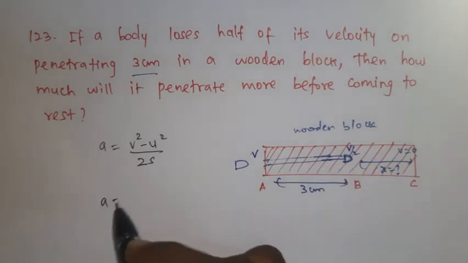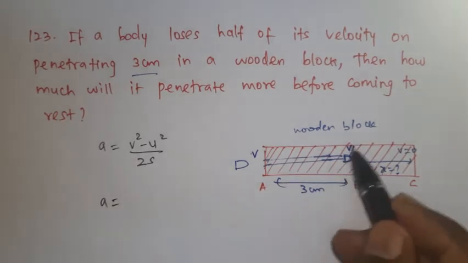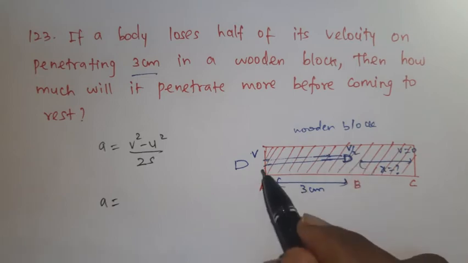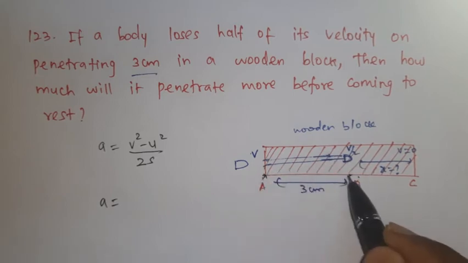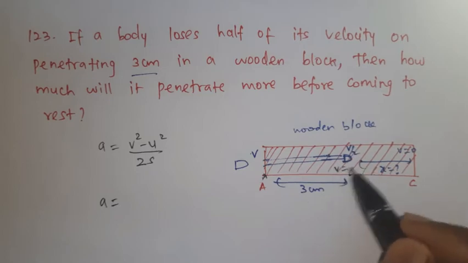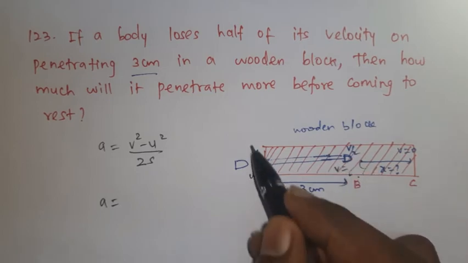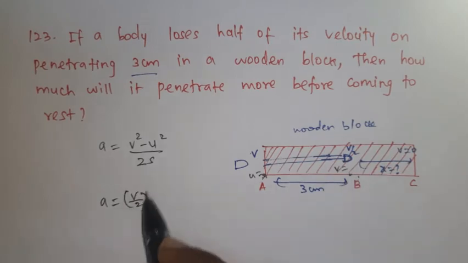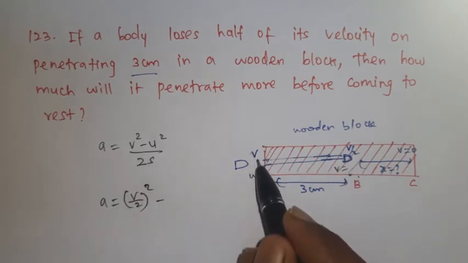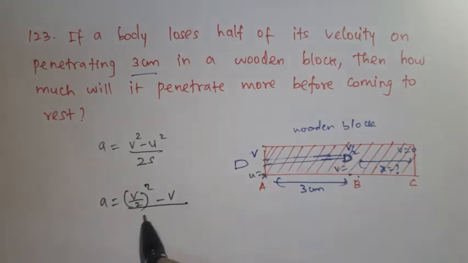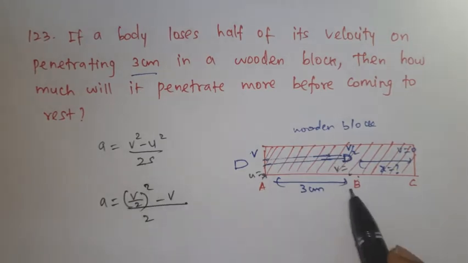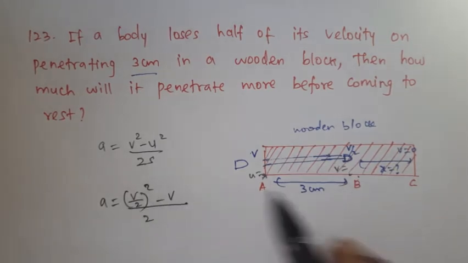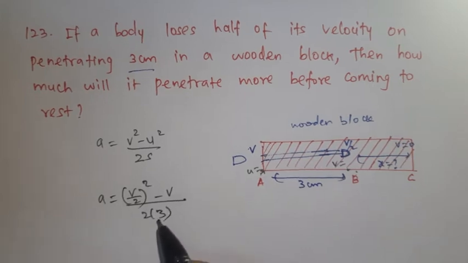Here the final velocity is v by 2, because we are going to calculate the acceleration between A and B. Here the initial velocity is v. So v square is v by 2 whole square minus u square, where the initial velocity is v. 2s: how much distance traveled? 3 centimeter. We can write it as 3 itself. At last you can change it.